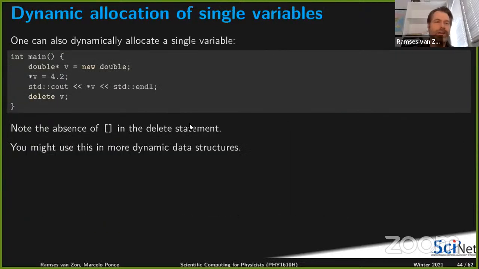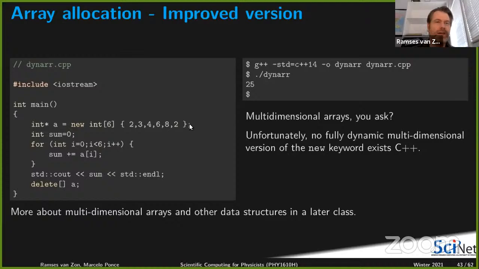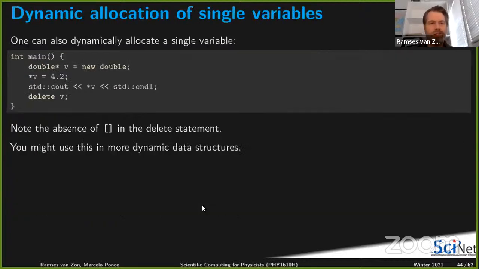There is a standard library structure called a vector that can also do this fairly well, and where you don't have to do the new and delete explicitly, which again works nicely for one-dimensional arrays, but we'll have a whole class about these things.